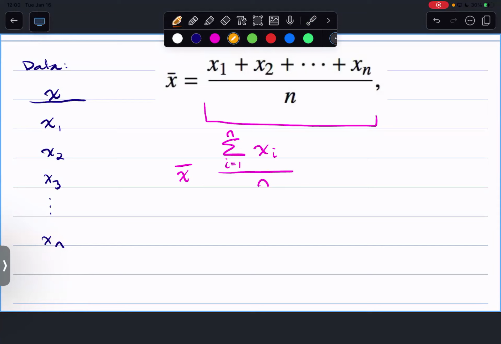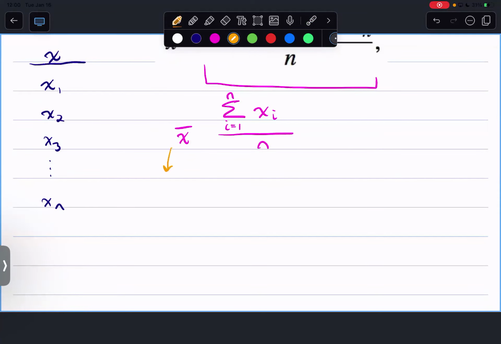Now let's talk about x bar for a second. X bar is notation that we use for the sample mean. In fact, it's the sample mean of X. In general, anything with a bar over it comes from the sample. Why would we care whether it came from the sample or not? What's the alternative? It either came from the sample or it came from the population.